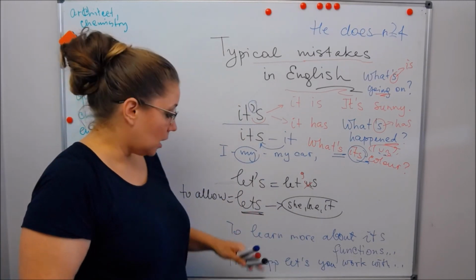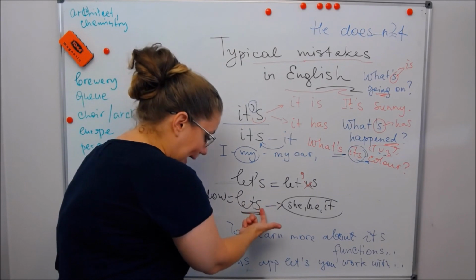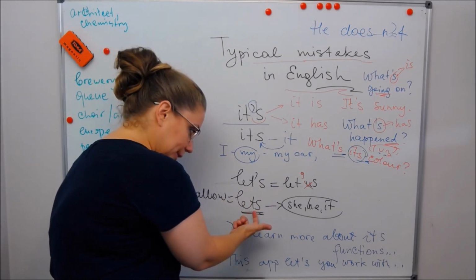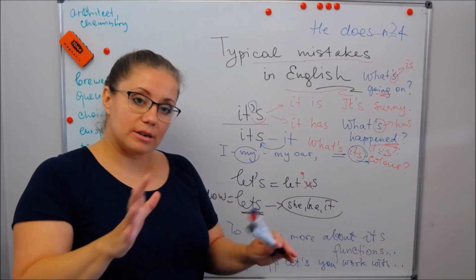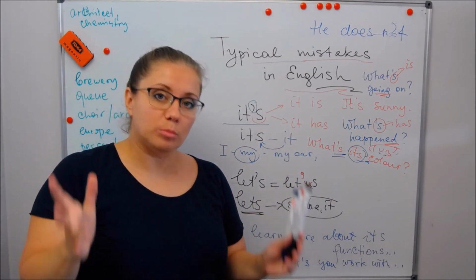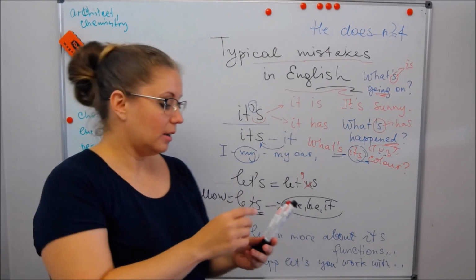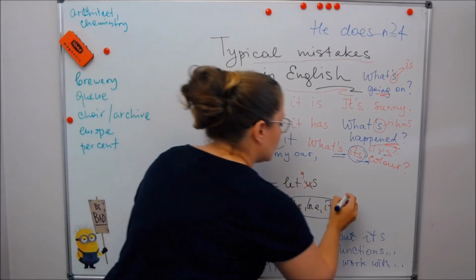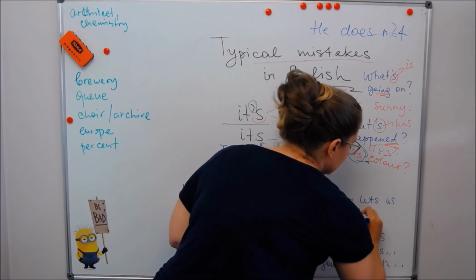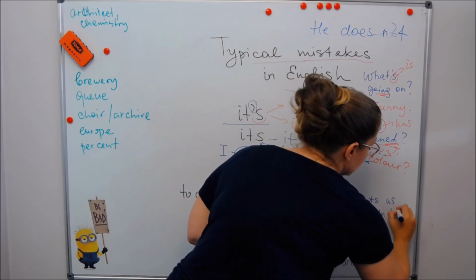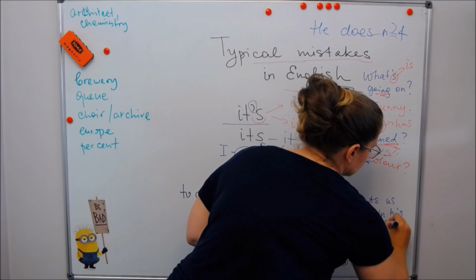And again, it's just the ending of the verb. It doesn't mean any missing sound. There is no need to put an apostrophe here. For example, let's write it down. He lets us play in his garden.